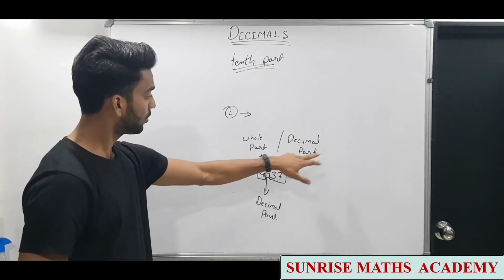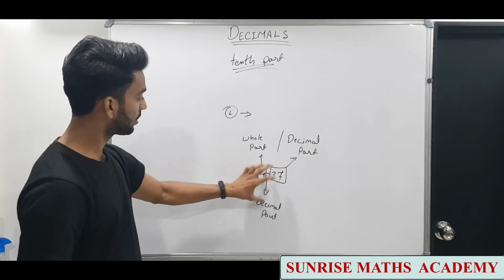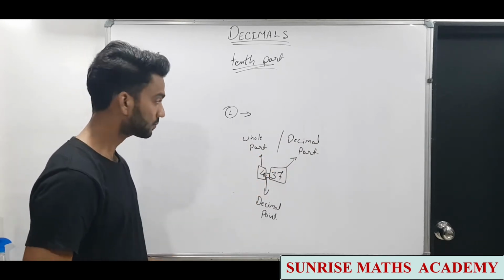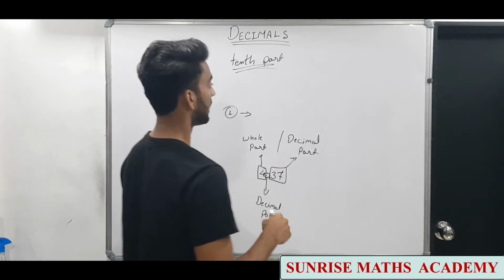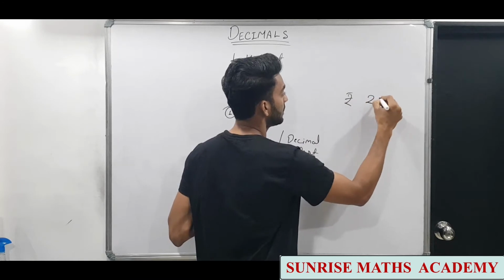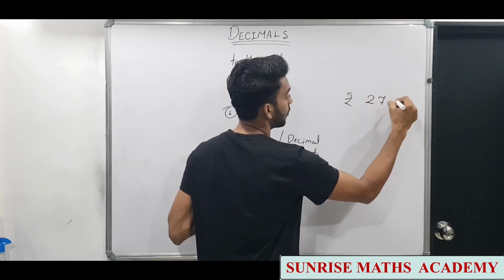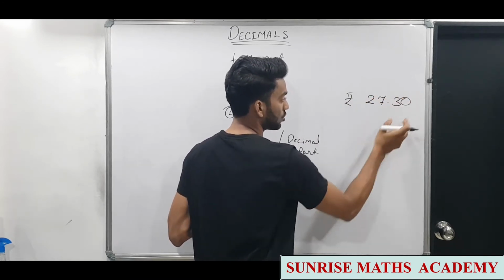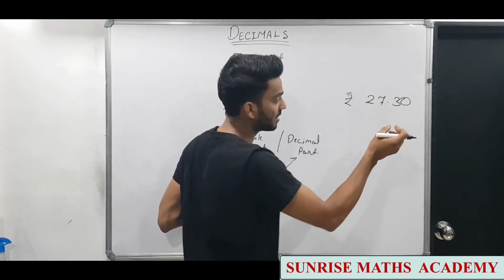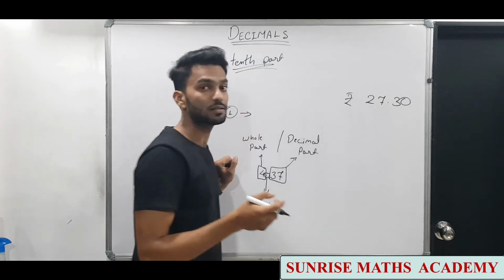Now when we are talking about the decimal part, we are talking about the parts made of a whole. So we can say that a thing is of rupees 27.30. So the rupee is divided in 100 parts. From that 30 is taken, that is 30 paisa.